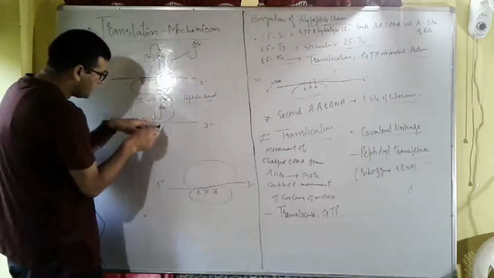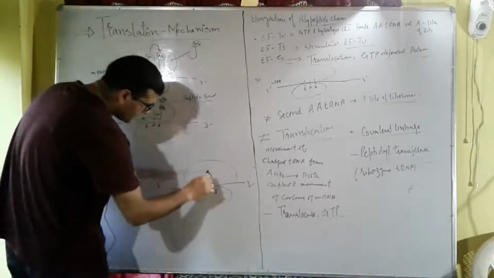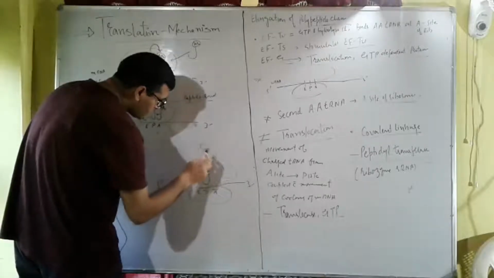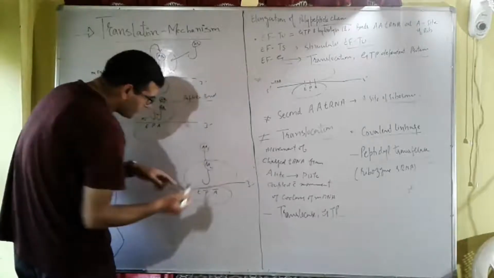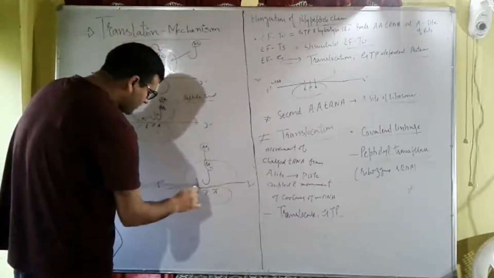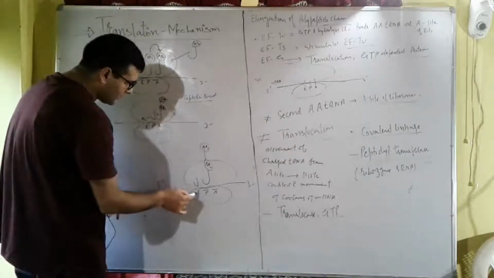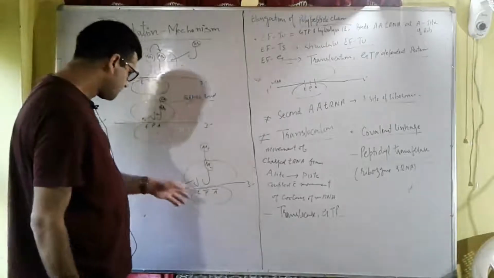Now this tRNA at the A site is being shifted to the P site. It will be like this. So this is amino acid second, amino acid first. Obviously, this is uncharged tRNA at the E site. It will slip away from the ribosome.